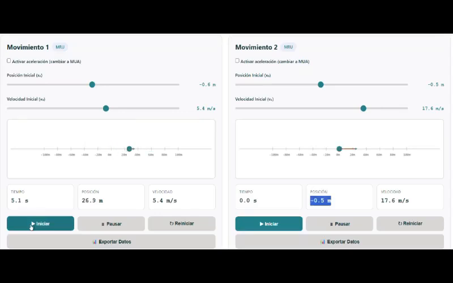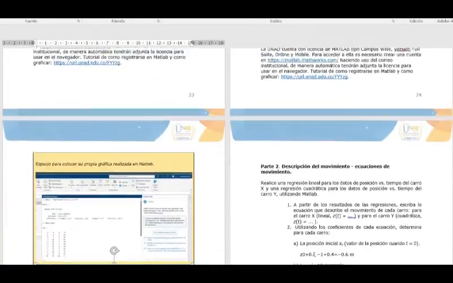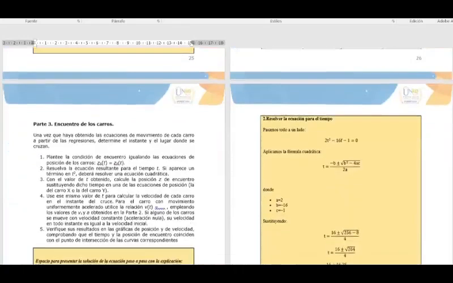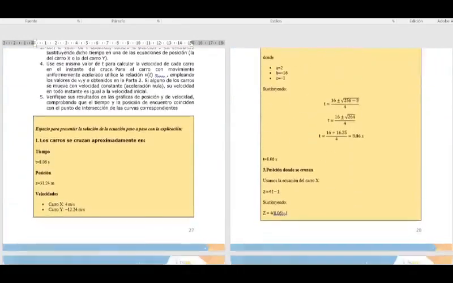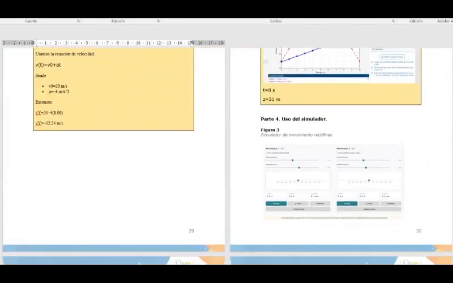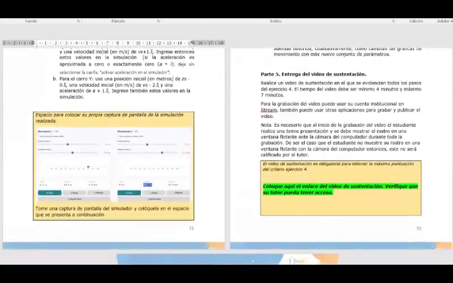In conclusion, this exercise helped us understand the differences between uniform motion and uniformly accelerated motion, while also allowing us to apply mathematical analysis and digital simulation tools such as MATLAB, the UNAD Simulator, and Educate+ to visualize and validate the physical behavior of moving objects.